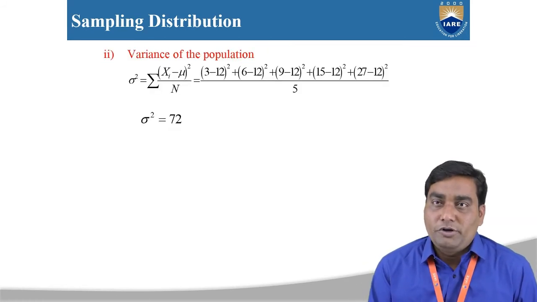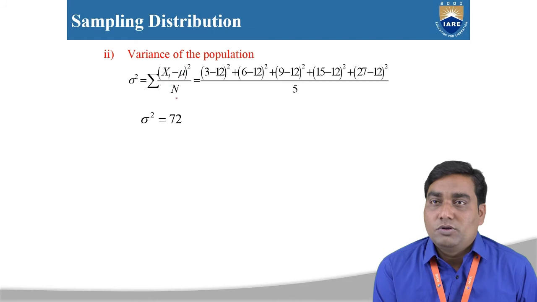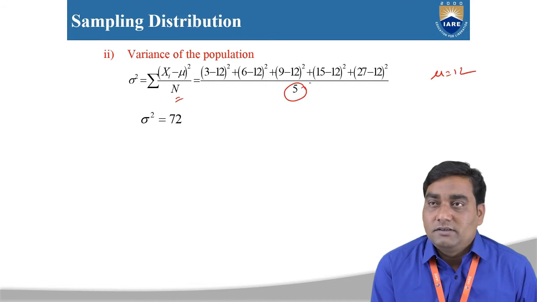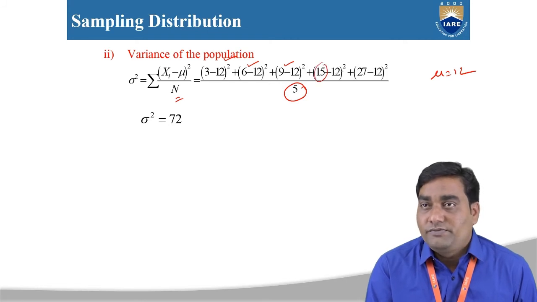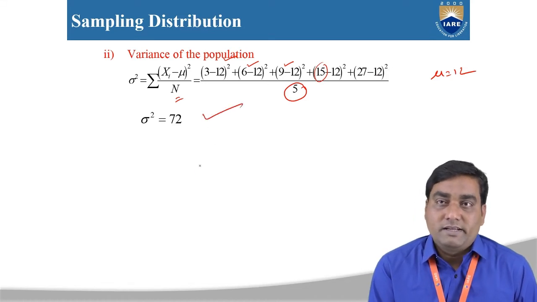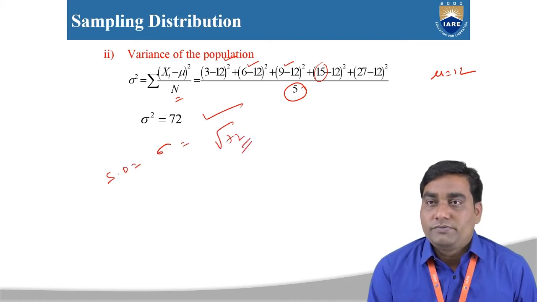The variance of the population, formula sigma square equals sigma of xi minus mu whole square by N, where capital N equals 5, mu we got as 12 in the previous slide, and x1 is 3, so 3 minus 12 whole square, plus x2 which is 6 minus 12 whole square, x3 is 9 minus 12 whole square, plus x4 which is 15 minus 12 whole square, x5 27 minus 12 whole square. Sigma square is 72. Then standard deviation is equal to sigma, the square root of 72.